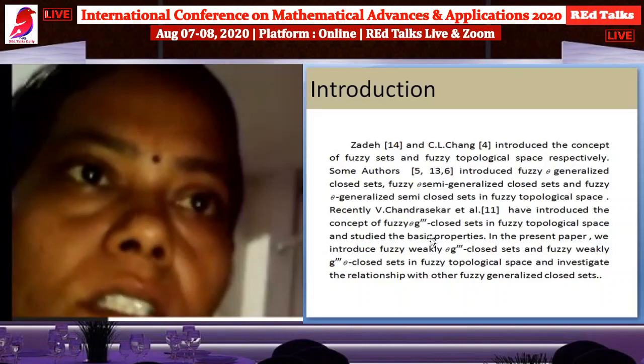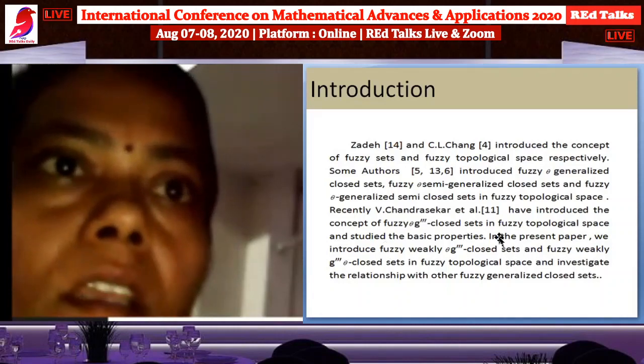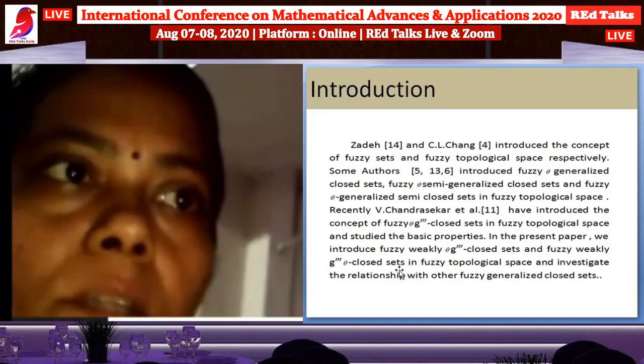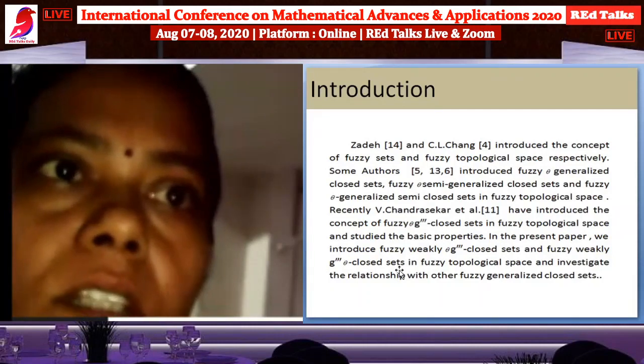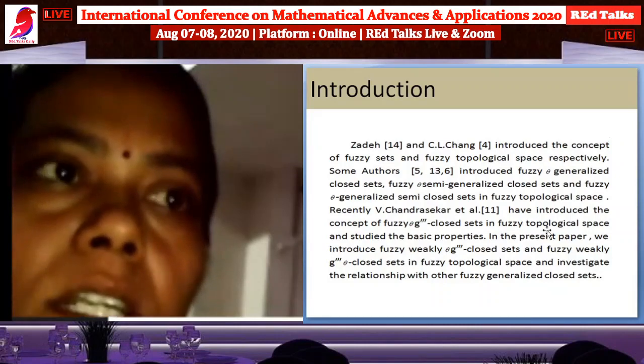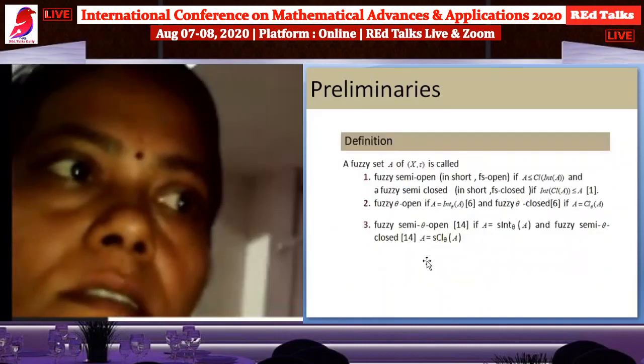Recently, myself and Dr. V. Chandrasekhar have introduced the concept of fuzzy theta G triple dash closed sets in fuzzy topological spaces and studied the basic properties. In the present paper, we introduce fuzzy weakly theta G triple dash closed sets and fuzzy weakly G triple dash theta closed sets in fuzzy topological spaces and investigate the relationship with the other fuzzy generalized closed sets.